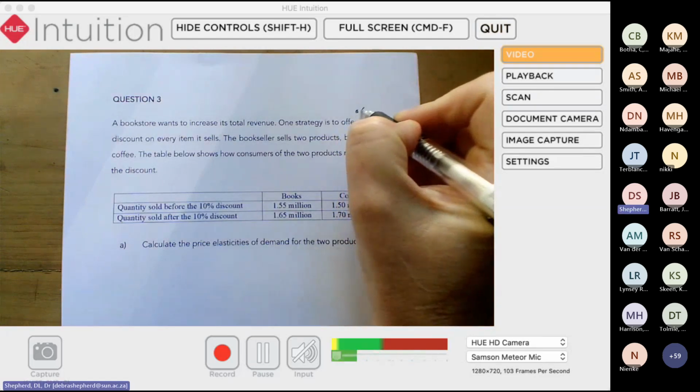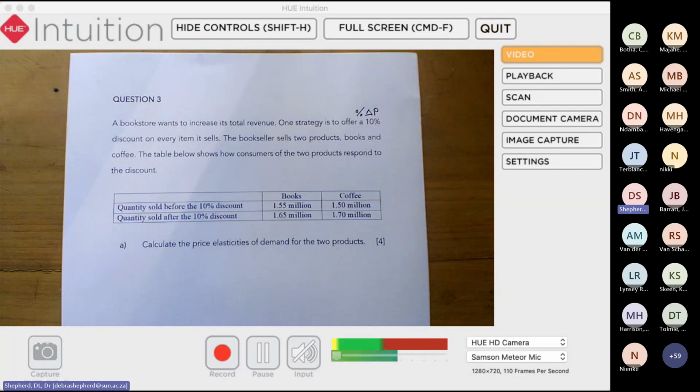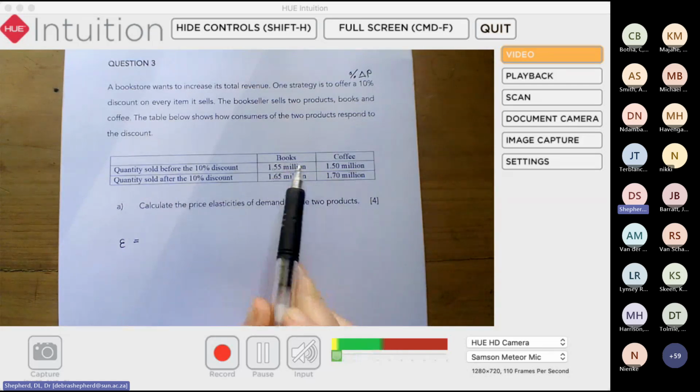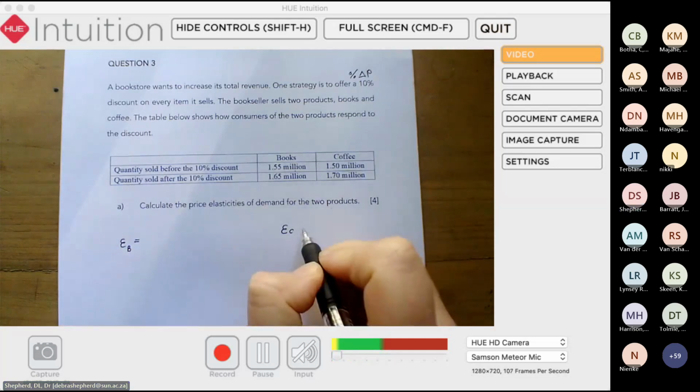So what we have here is that the percentage change in price is 10%. And now we need to calculate the elasticity of demand for books and the elasticity of demand for coffee.